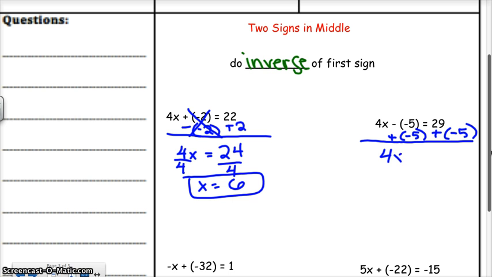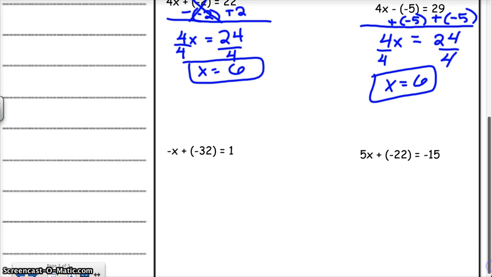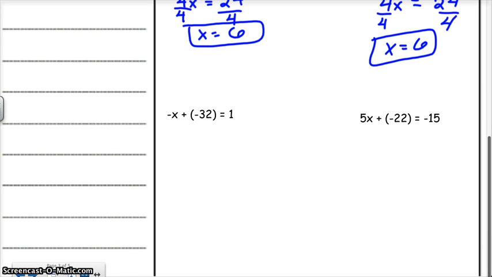I get 4x, 29 plus a negative 5 is going to be 24. Oh, it's the same thing. Divide by 4, x is 6. It's difficult when there's two signs in the middle, but it is not impossible. Algebra is never impossible. We can figure a way around it.